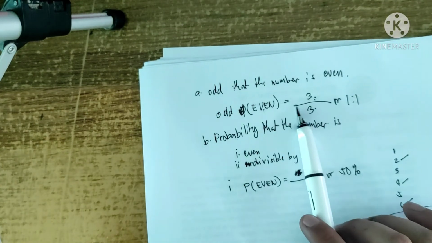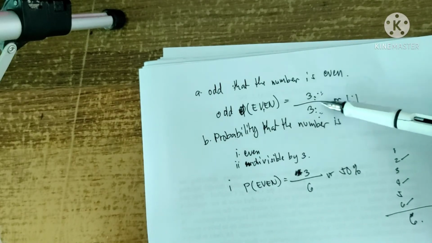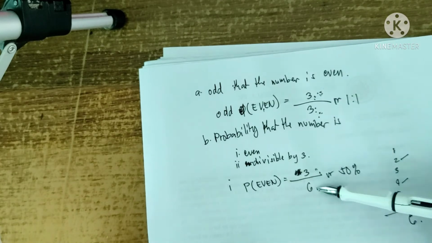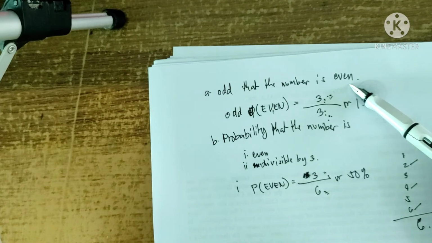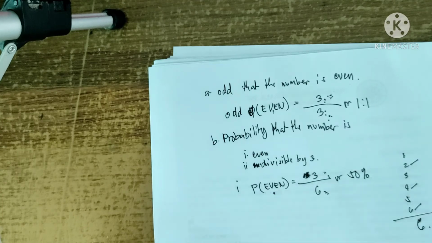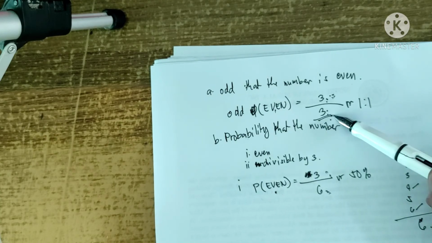So here, makikita nyo, iba, no? Iba yung mga answers nila. Dito, 3 over 3 and 3 over 6. Which is weird kasi nga, dito, even numbers yung hinahanap. Dito, even numbers din yung hinahanap. At sa tingin natin, medyo pareho naman yung formula niya. Pero hindi. Dito siya umiiba sa ilalim.